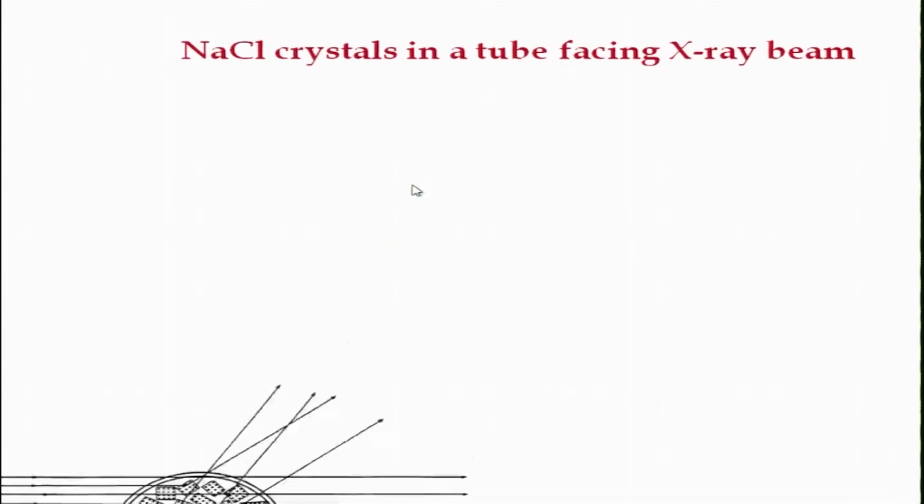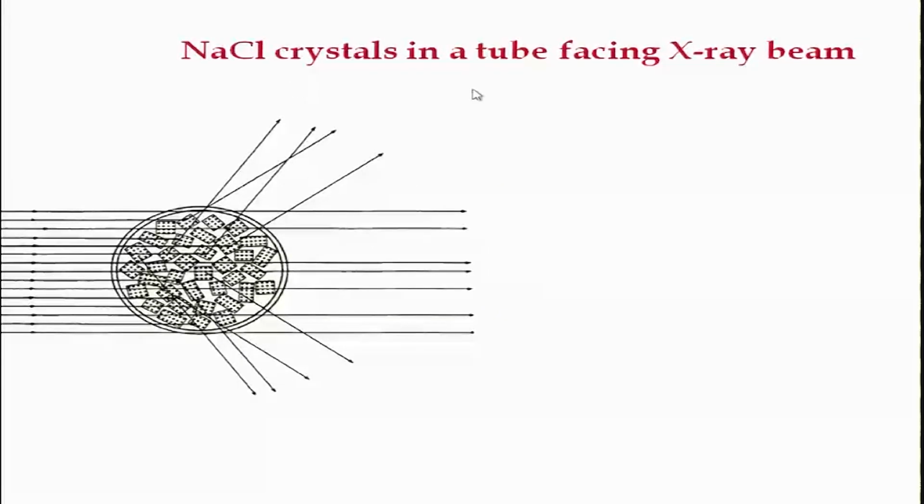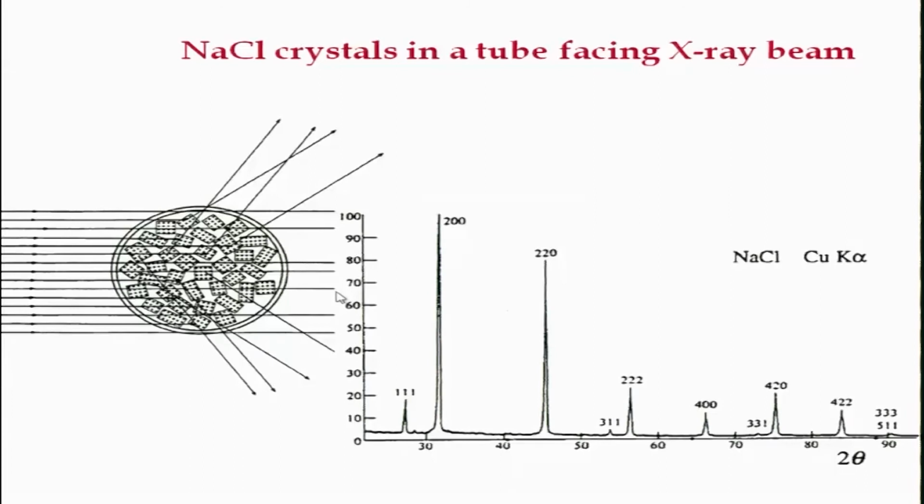This is, for example, for sodium chloride crystals. This is sodium chloride salt powder in a tube, exposed to X-rays, emitting diffracted X-rays in various directions, and you get a pattern like this. On the y axis you have intensity, because X-ray is a photon, right. So, it is the number of photons collected by the detector, this is 2 theta, and you have these peaks.